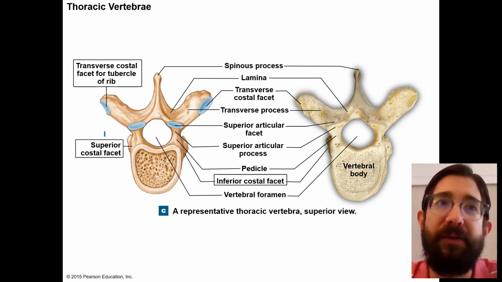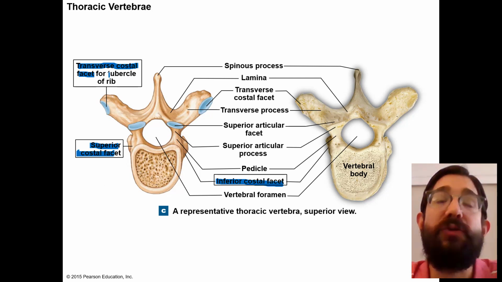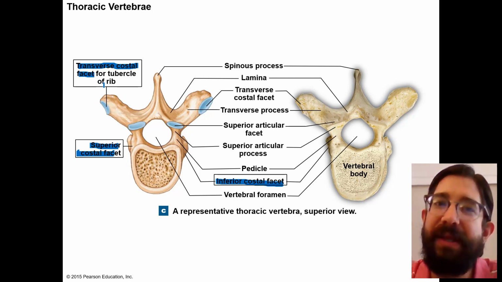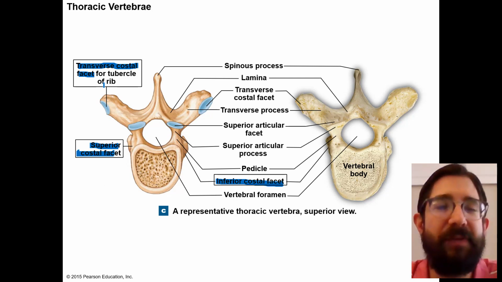So you can see that there is a superior costal facet and an inferior costal facet. And there's a transverse costal facet for the tubercle of the rib. So we'll see this on a later slide. But basically you've got 3 places on each thoracic vertebra where ribs will attach. And they all have the name costal because costal means rib.